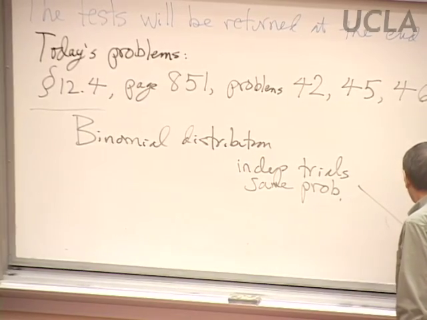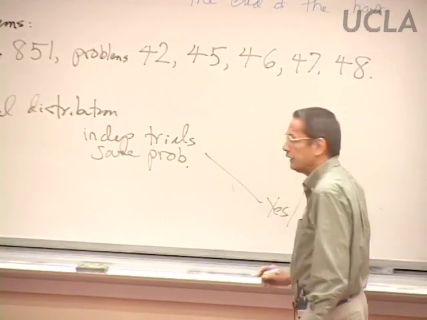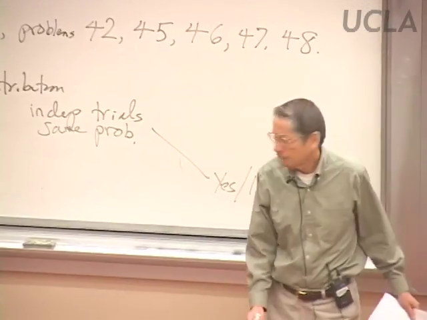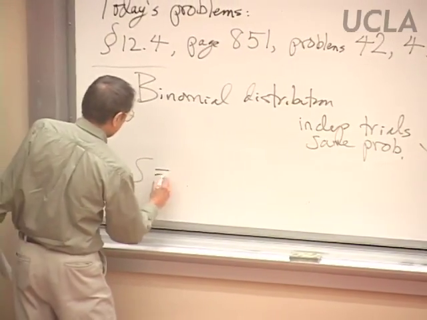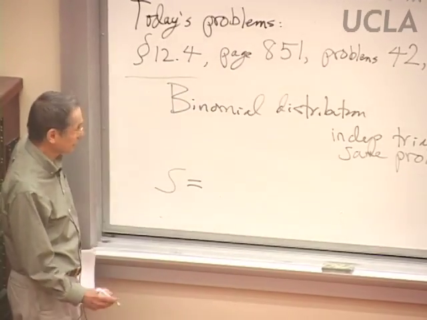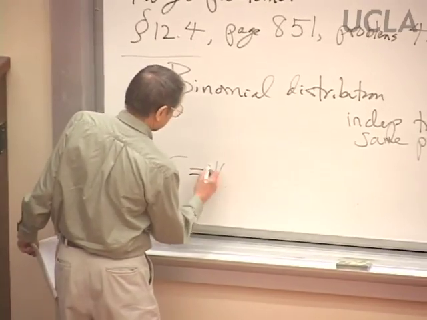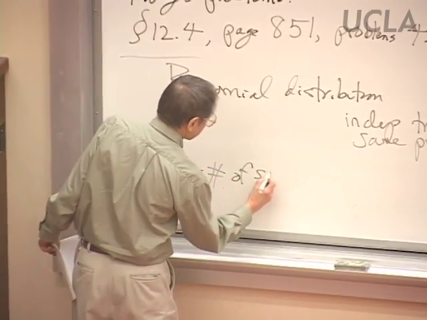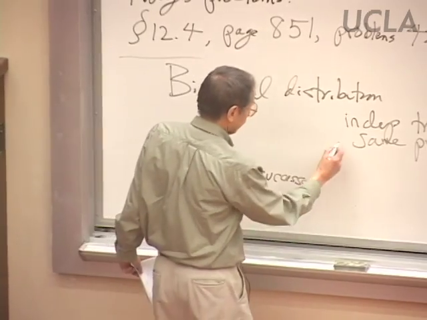And these are just yes-no trials. Pass, fail. They either succeed or they don't. And the binomial distribution applies to the random variable that counts the number of successes when we do n trials.